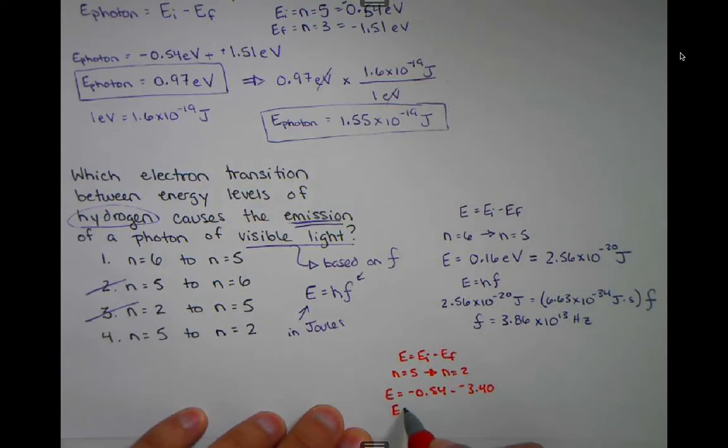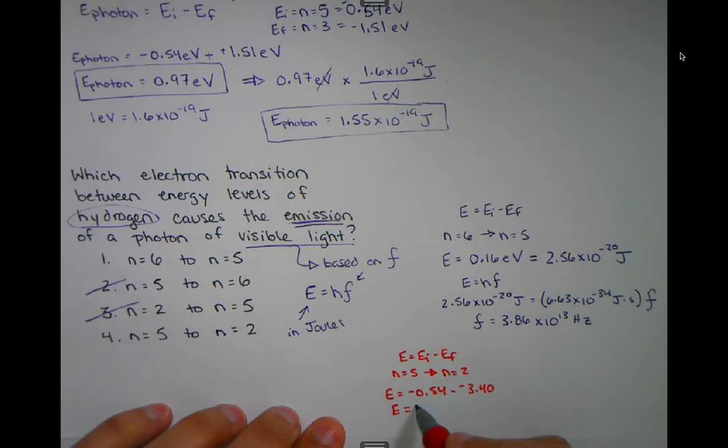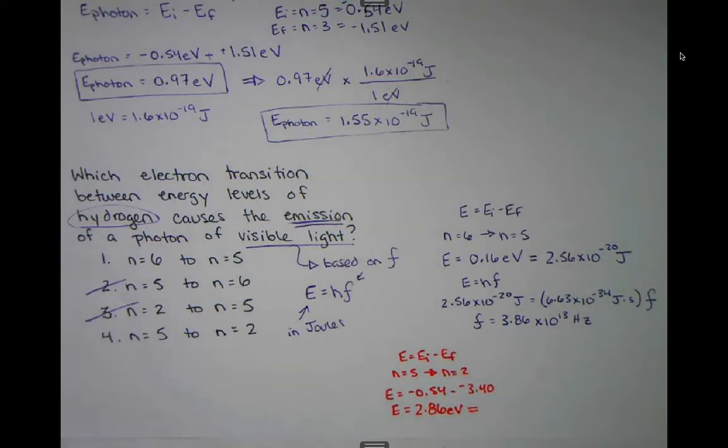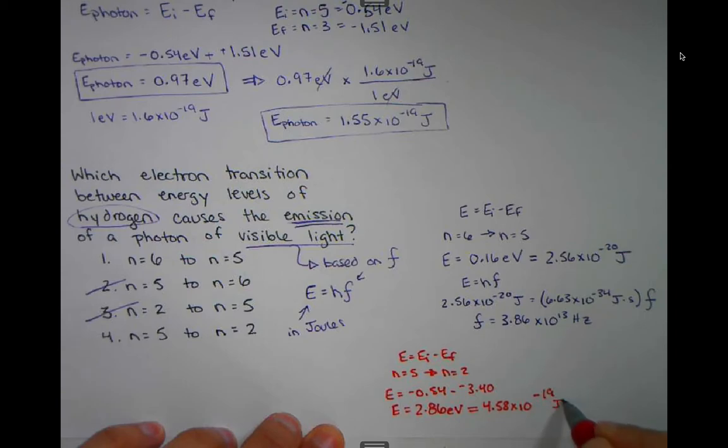This gives me an energy of 2.86 electron volts. I have to convert that to joules, so I'm going to multiply by 1.6 times 10 to the negative 19, which gives me, let's round, 4.58 times 10 to the negative 19 joules.